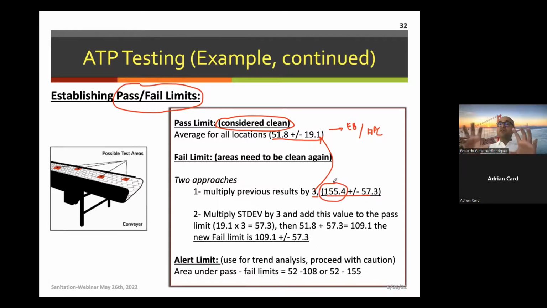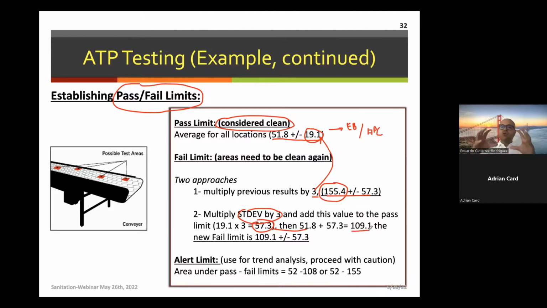A much more conservative way of doing this is to multiply the standard deviation by 3. Which standard deviation? This one here, by 3, which is basically 57.3. Then add this value to the original average RLU that you had, 51.8. So the new value is 109.1.